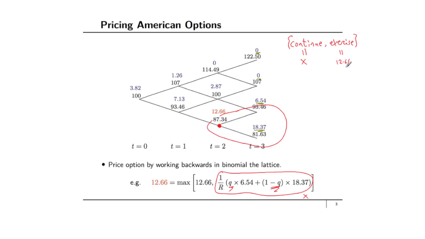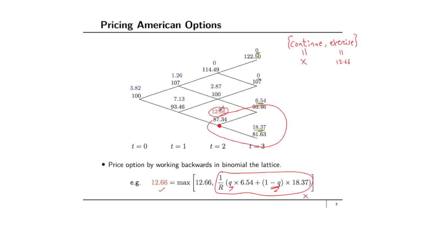So we will choose to exercise if 12.66 is greater than x, and we will choose to continue if x is greater than 12.66. In this case, it turns out that 12.66 is the greater of the two, so x is less than 12.66. So at this node, we choose to exercise, and the fair value of the American option at this node is $12.66.